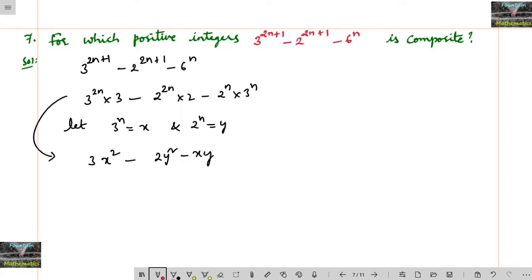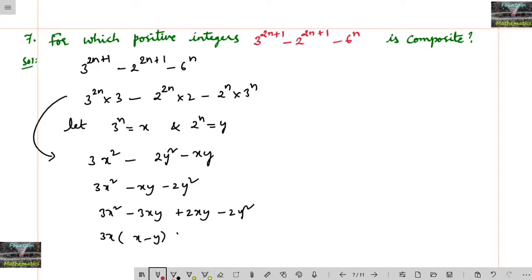So this equation we can rewrite in this way, and we can also do factorization for this: 3x square minus xy minus 2y square. This is minus 3xy plus 2xy, minus 2y square. We can take the common factor: 3x of x minus y plus 2y of x minus y, so that it is 3x plus 2y into x minus y.